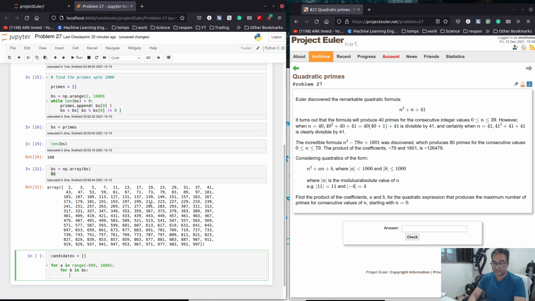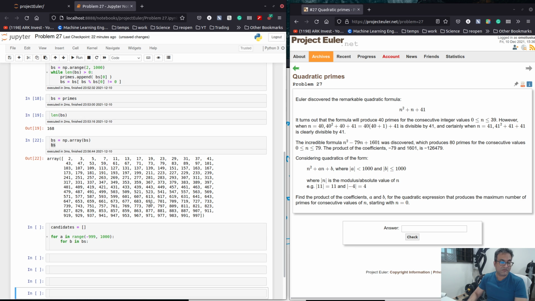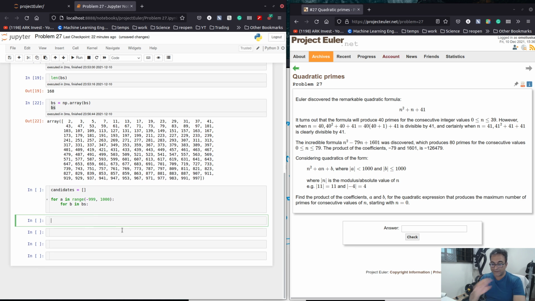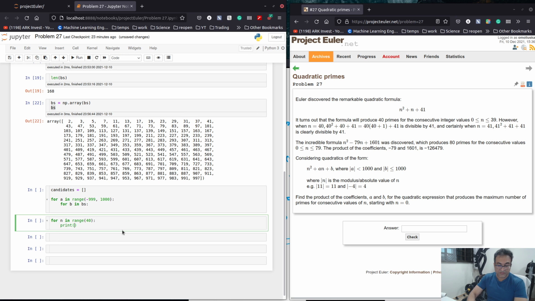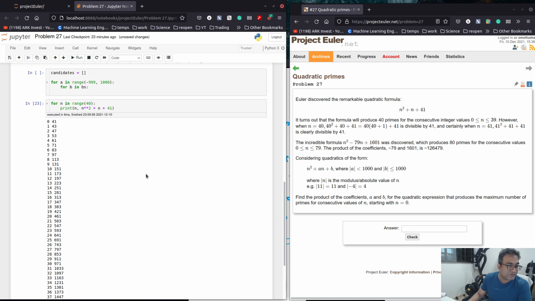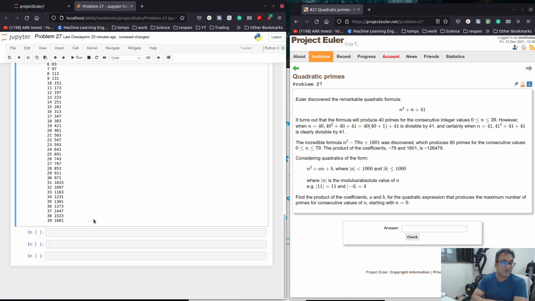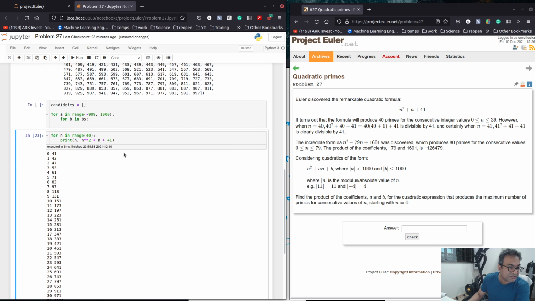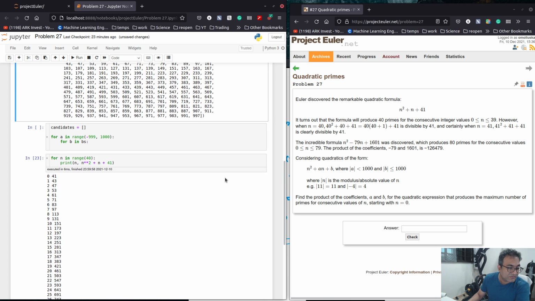Let's say for n in range 40, for example, print n and n square plus n plus 41, and 41, 43, and so on. It goes all the way to 1601. So that's a very large number. It's way beyond the 1000 mark.